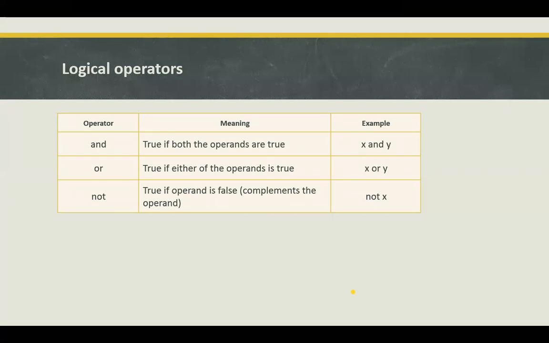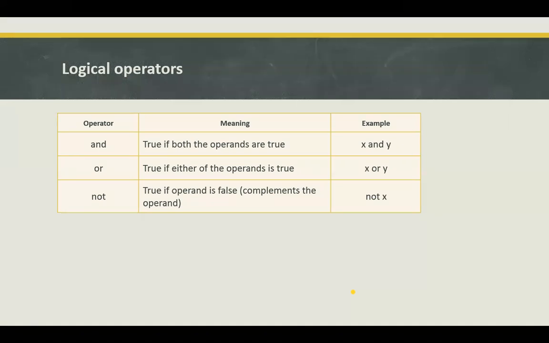Or means true if either of the operands is true. So if there are two operands, one true and another false, and you use true or false, your answer would be true, because one true is there.